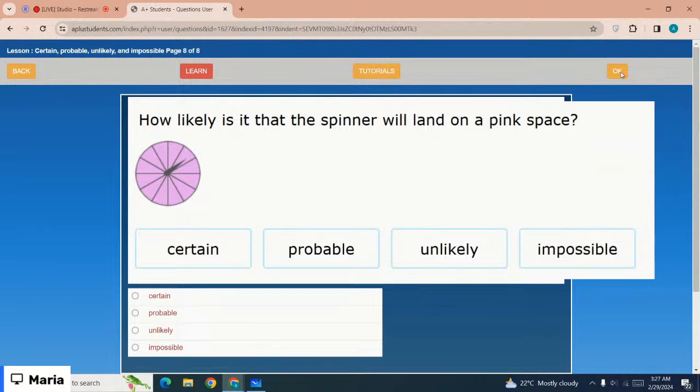How likely is it that a spinner will land on a pink space?